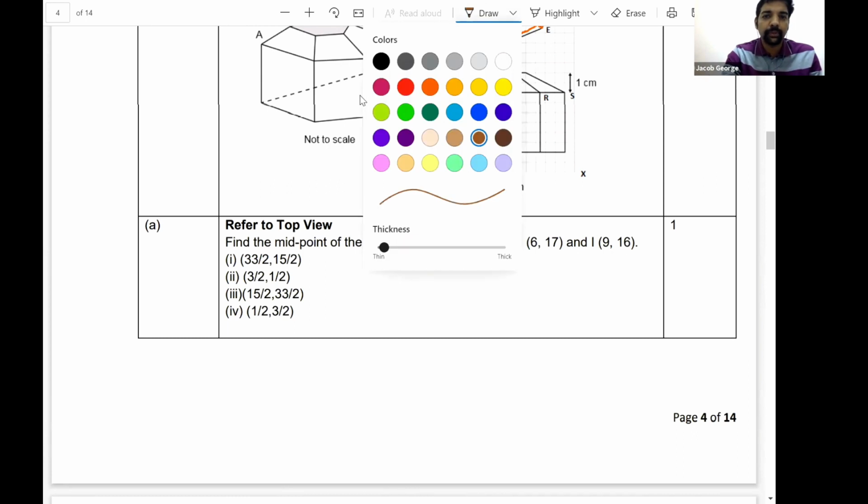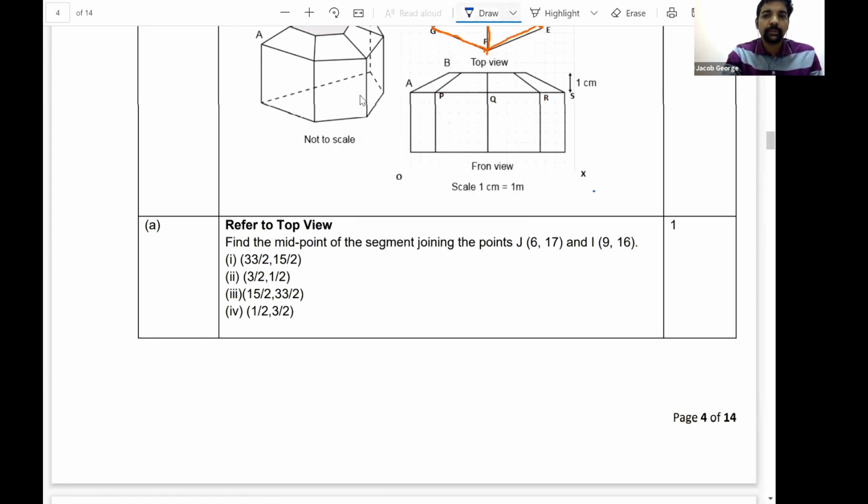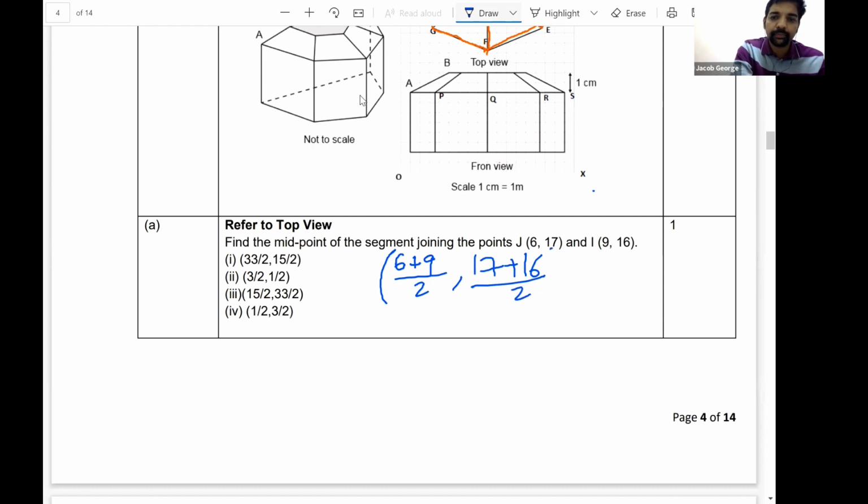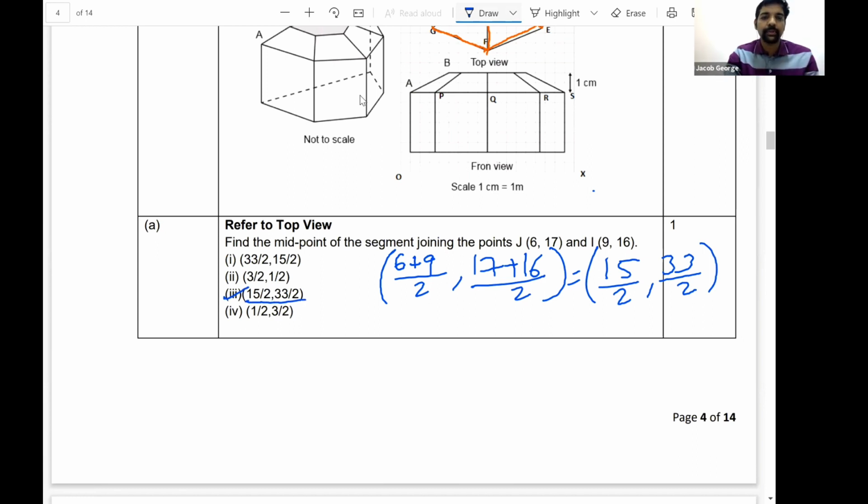All of you know the midpoint formula: (x1 plus x2)/2, (y1 plus y2)/2. Based on that, you will get (6 plus 9)/2, (17 plus 16)/2. That comes to 15/2, 33/2. That is option 3, the right answer for the first question.